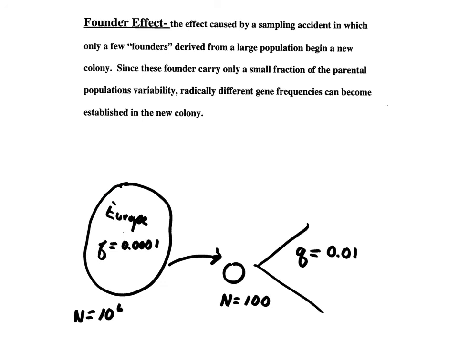Another example of when sampling error can cause a dramatic change in allele frequency is a phenomenon known as the founder effect. So the founder effect is the random sampling error that comes when you take a subset of a large population, a founding or colonial population from the larger population, that separates itself from that larger population and starts a new population somewhere else, isolated from the original large population.